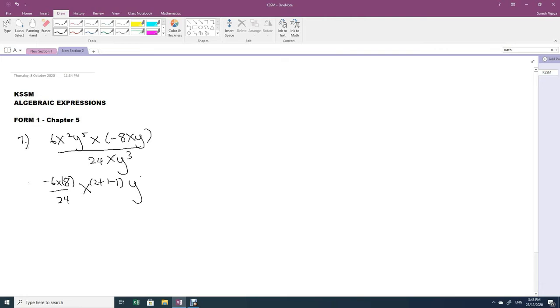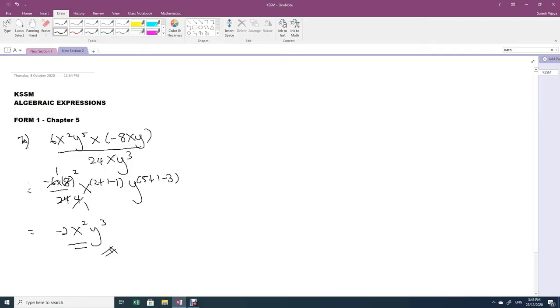For y we have 5 plus 1 because times, and minus 3 because divide. So that's how we write this. Then we solve it. Cut 6 to 1 and 4, this is 1, then we have 2. So we have negative 2 as the number, x to the power of 2, and y to the power of 6 minus 3, which is 3. This is the answer for 7a.